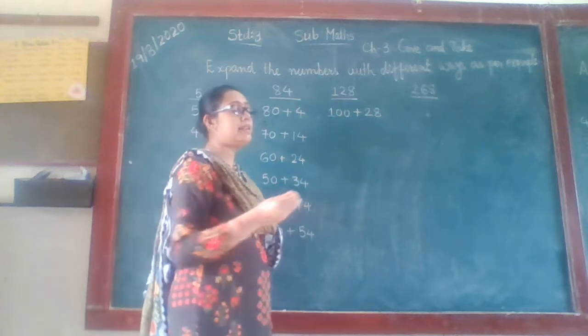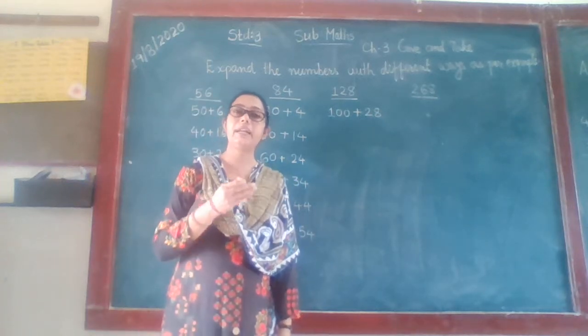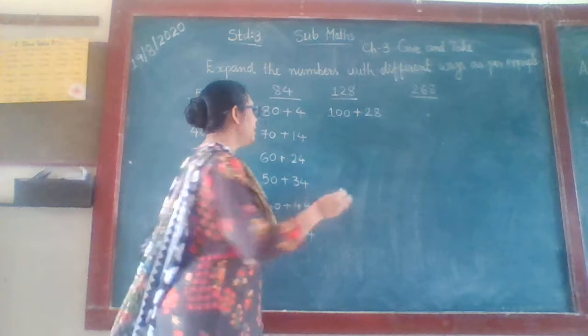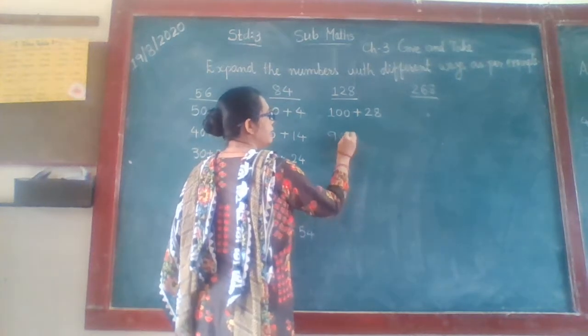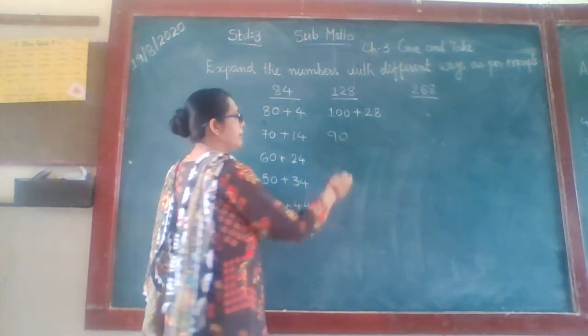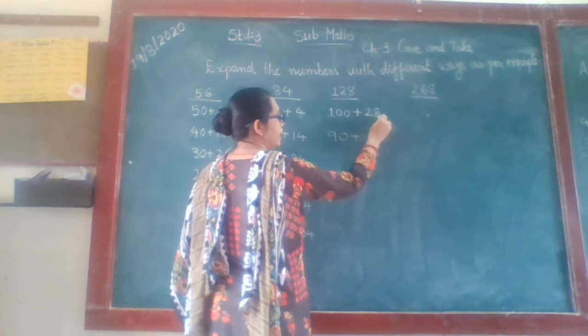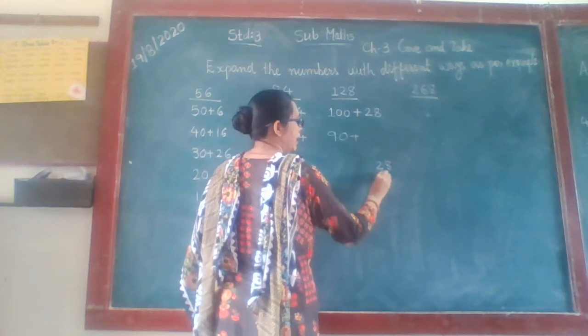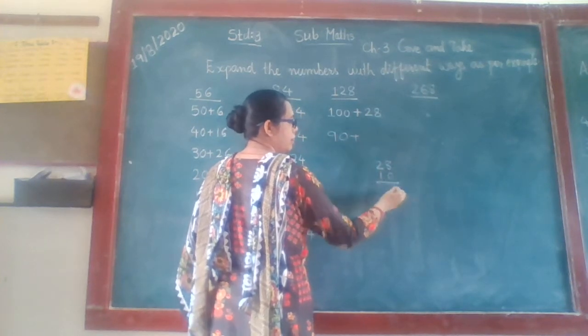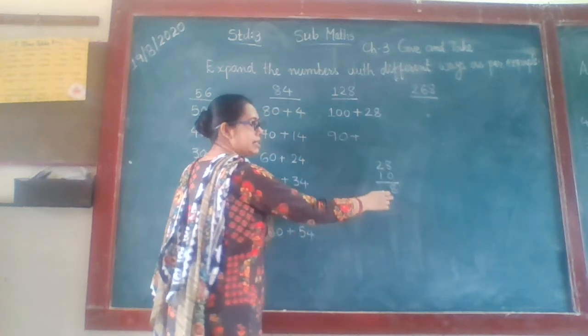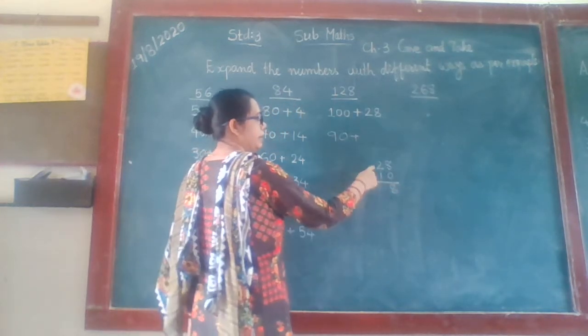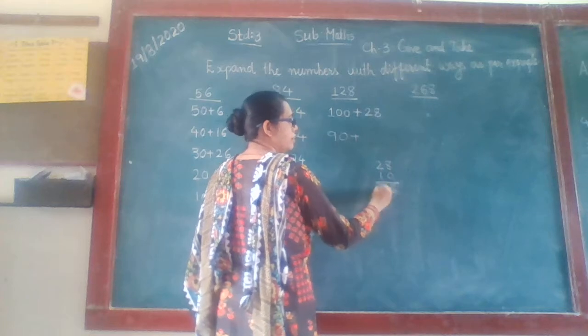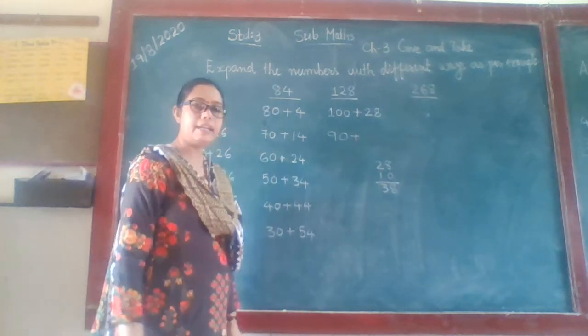So 100 minus 10, when we subtract 10 from 100 we get 90. And that 10 we add to 28. See, 28 plus 10: here the ones digit remains the same and in the tens place we have to add 1. So we get 38.